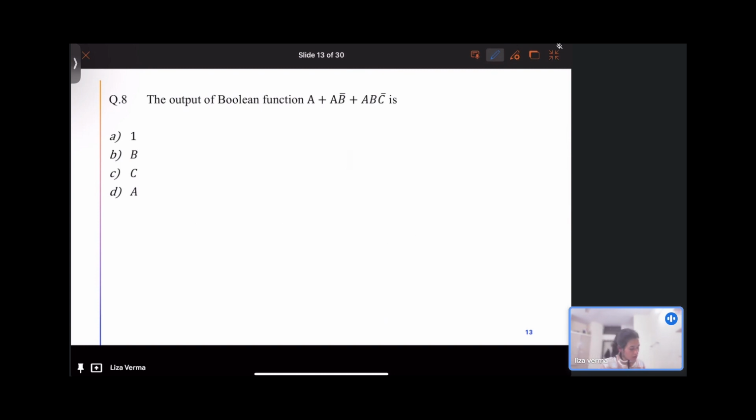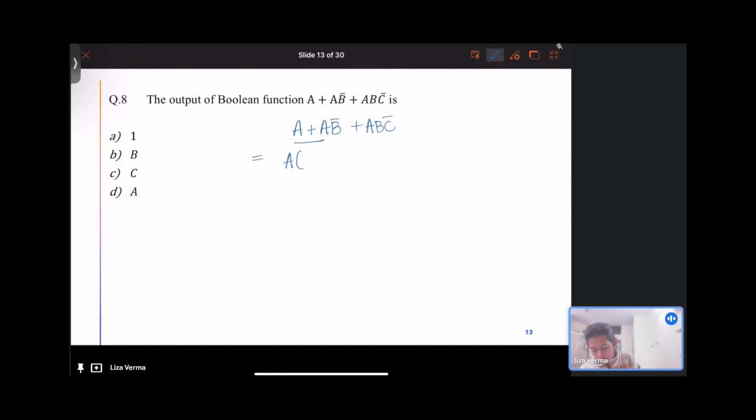Now, what is the output of the Boolean function A plus AB bar plus ABC bar? This is just for practice. Let's see. A plus AB bar plus ABC bar. Let's take A common from the first two terms.